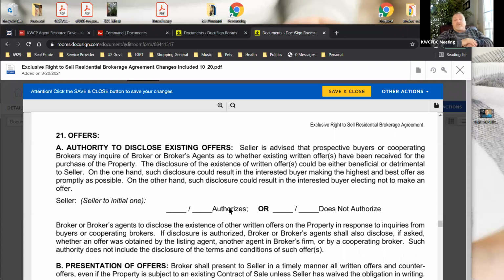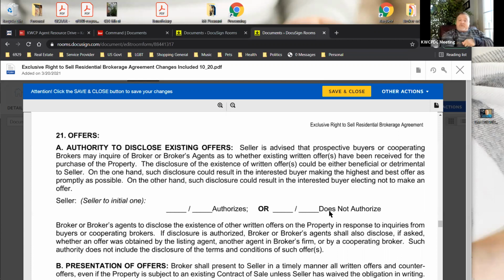Now, I don't reveal the details of that other offer, but I request that my sellers give me the authority to tell them that I do have other offers in hand.